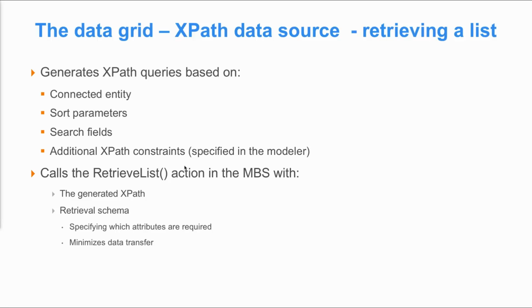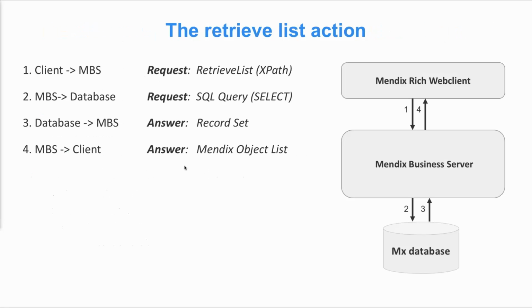So basically, there is a retrieve list action that happens on the Mendix business server with a generated XPath, and it retrieves the schema, and it specifies which attributes are required.